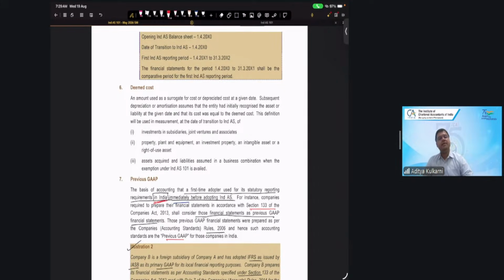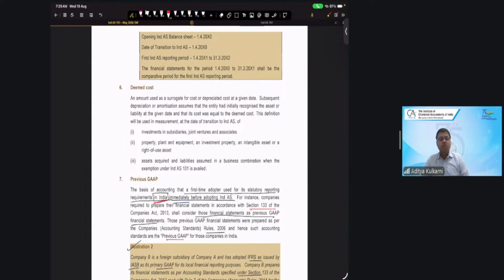Next, reclassify. I told you, convertible debentures or convertible preference shares, whatever be the case. Next, remeasurement adjustments. For example, investment in equity shares. Under AS regime, it was always at cost.